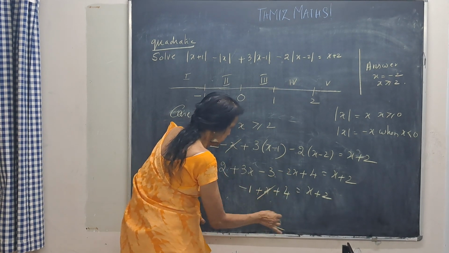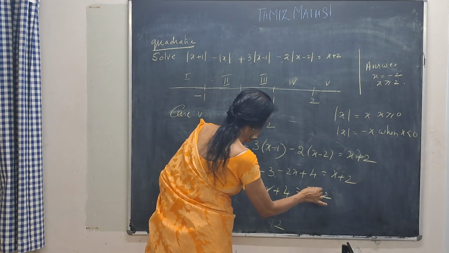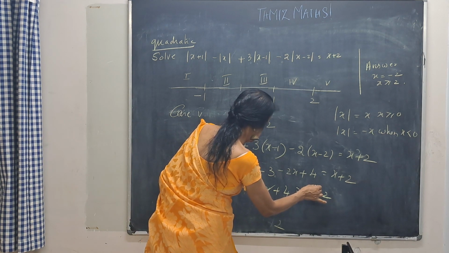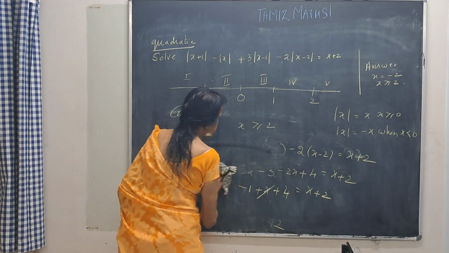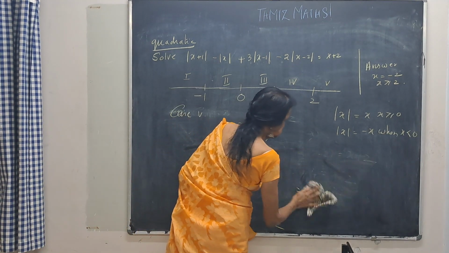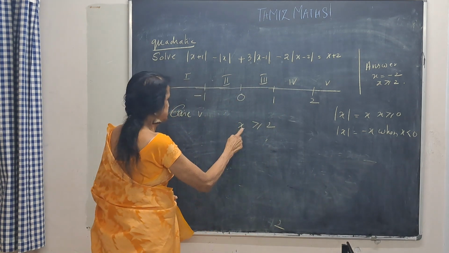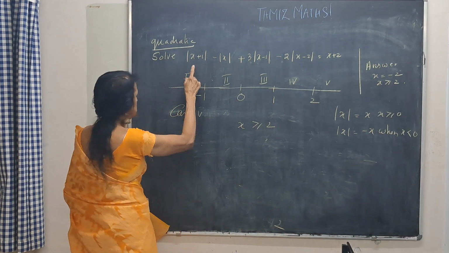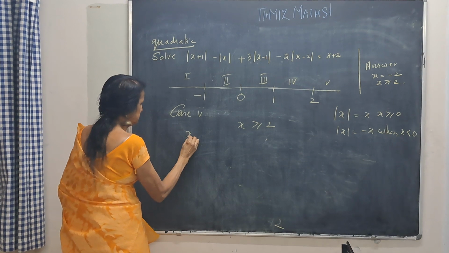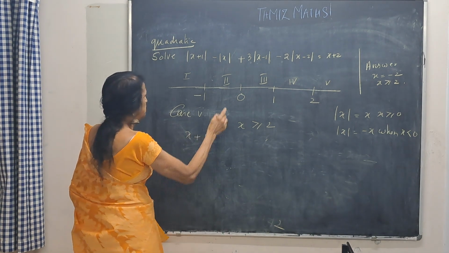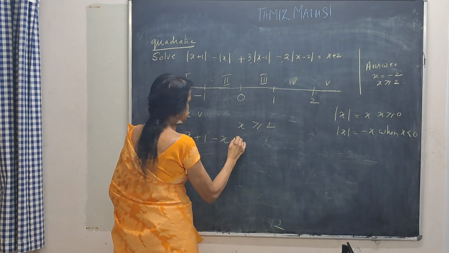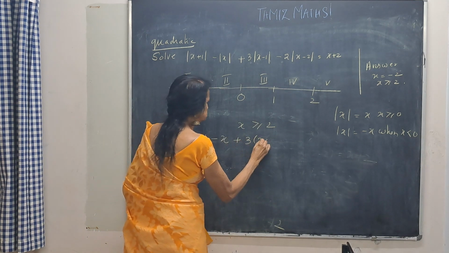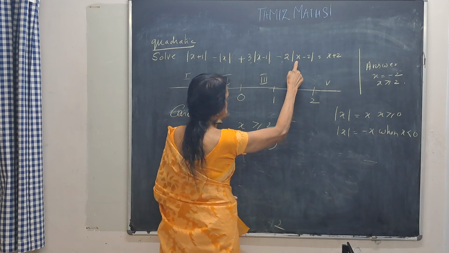This x and this x gets cancelled. Just a minute. X is greater than or equal to 2. This is positive. This is also positive.